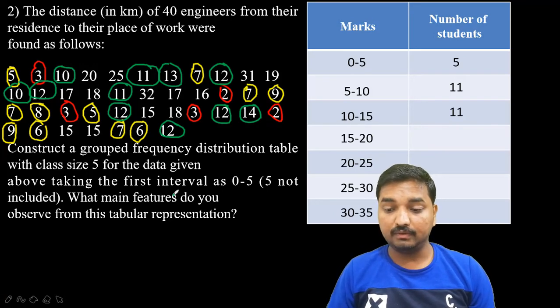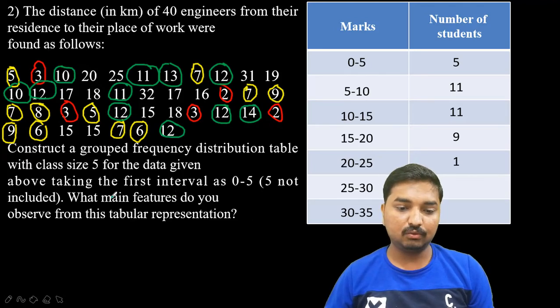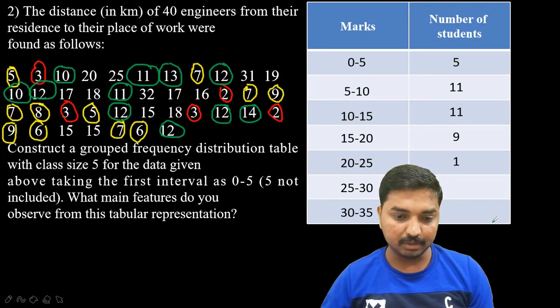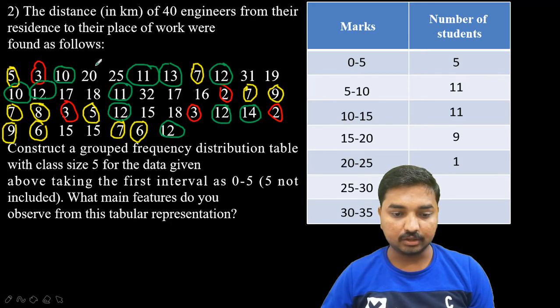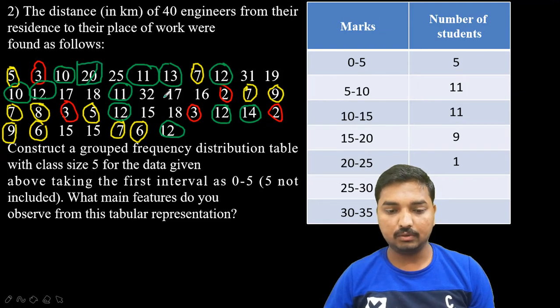Look here, 15 to 20, there are 9 numbers. You can identify all these numbers. 20 to 25, only one number. I think this is the only one, because here it is 20. 20 to 25 means 20, 21, 22, 23, 24, only one member.